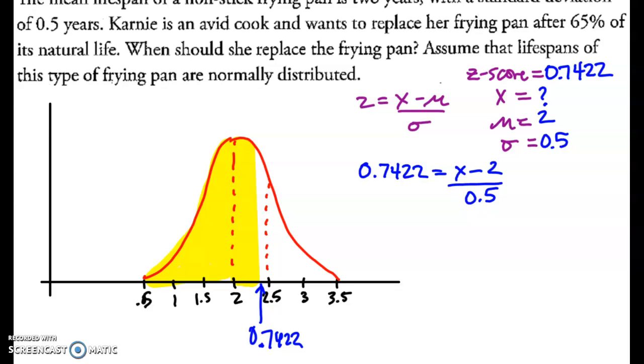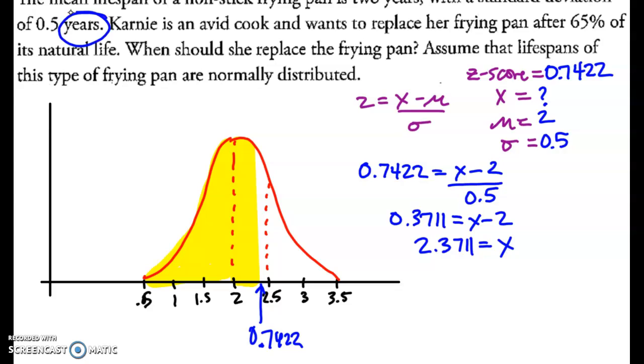We're going to multiply both sides by 0.5 and then add 2 to both sides to get an x of 2.3711. So we can remember that our units here are years.